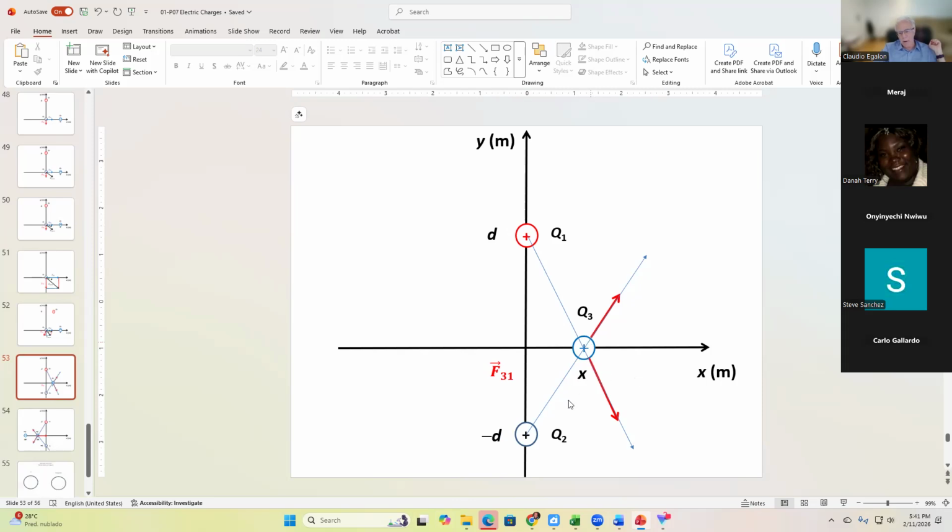And then what do we have? We have a repulsive force along this line and another repulsive force along this line. Those 2 vectorial forces are going to sum up and result in another net force. It's going to be somewhere along this direction, something like that.